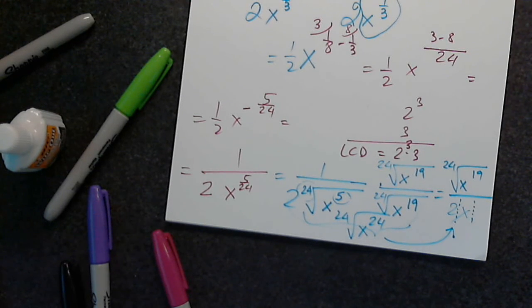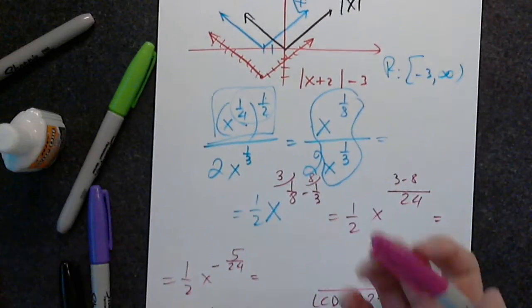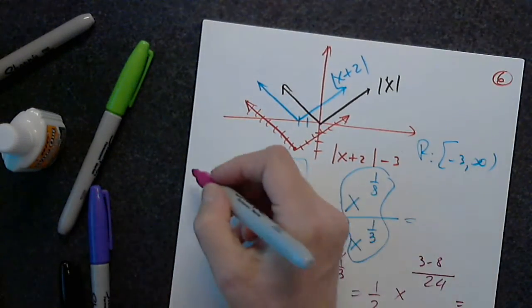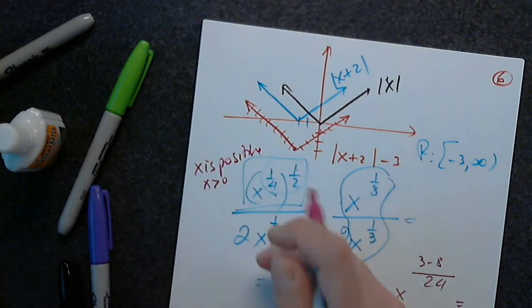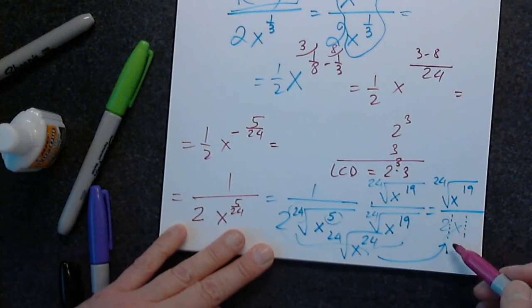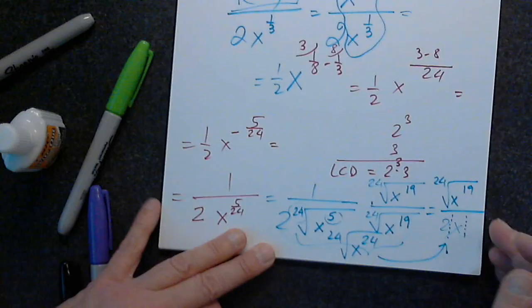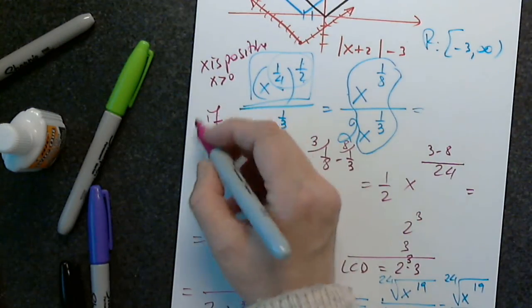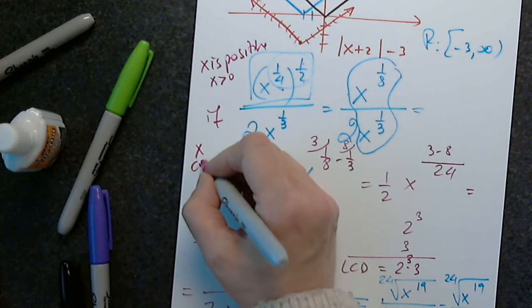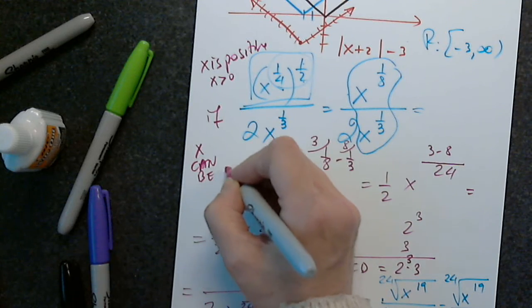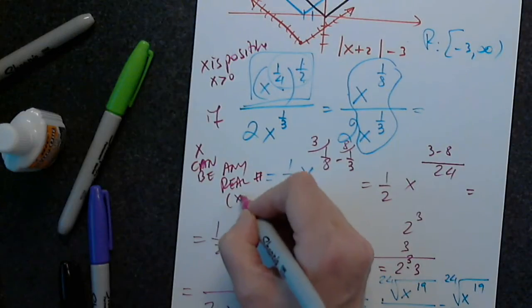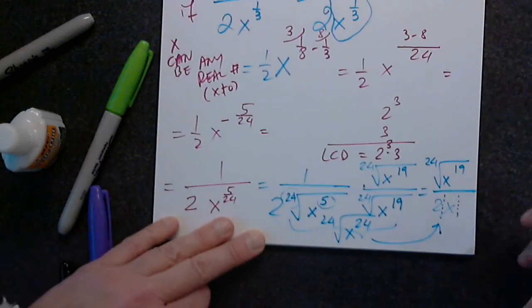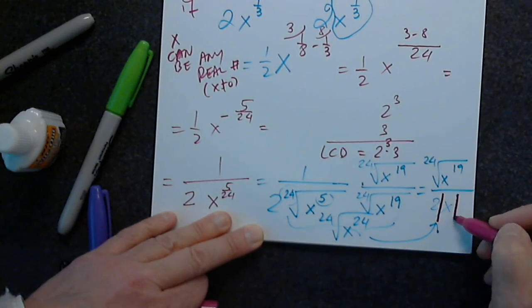Yes. So if the problem tells us from the very beginning, let's say, that x is positive, then I do not need the absolute value here. But if we're told that x can be any real number, of course not 0, then I have to use the absolute value.